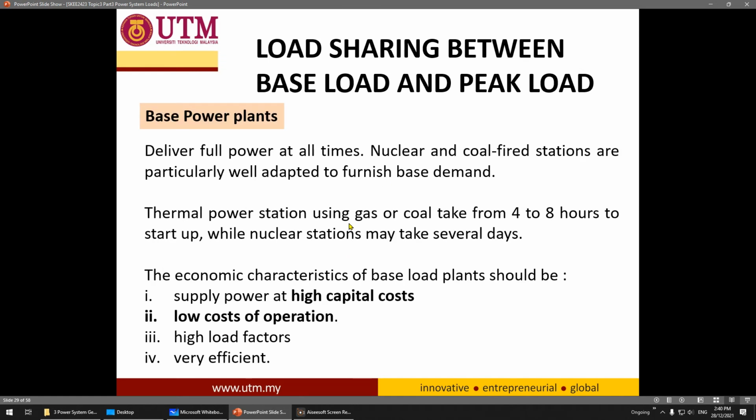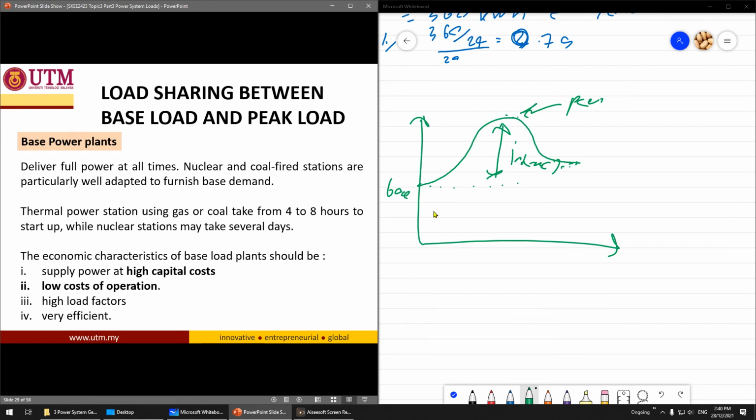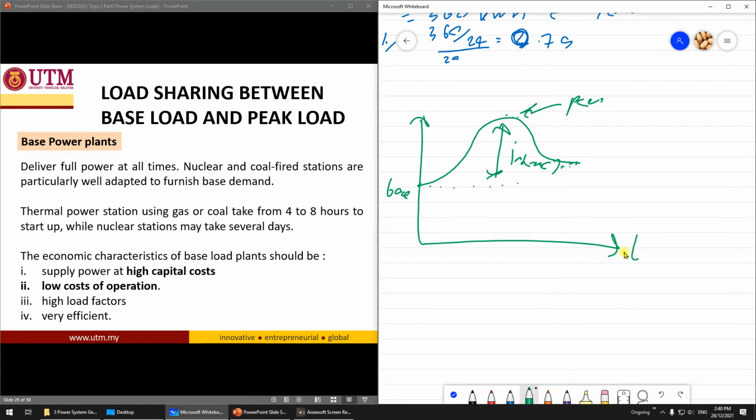So the base power plant delivers full power all the time. As I mentioned before, you have to deliver all the time. This is time, so you can see here the power is always on. This one usually uses a nuclear or coal fired station because it is well adapted to the base demand.